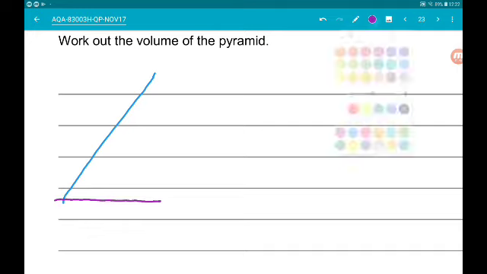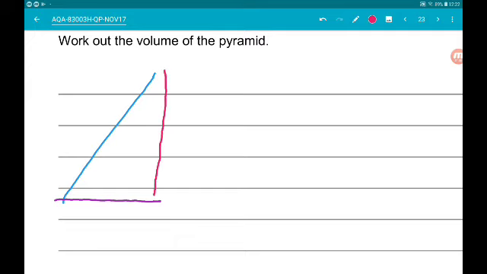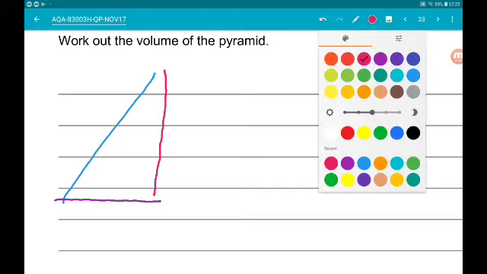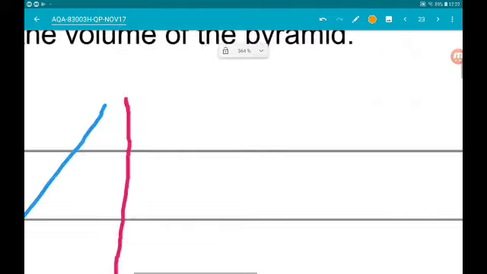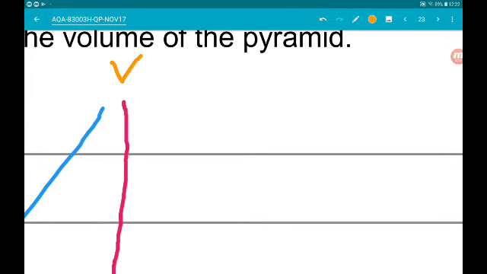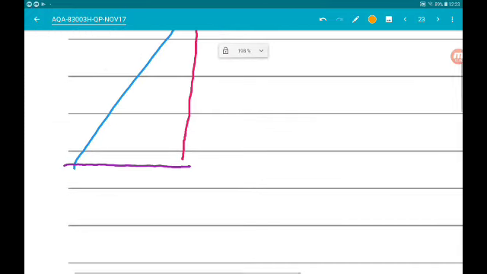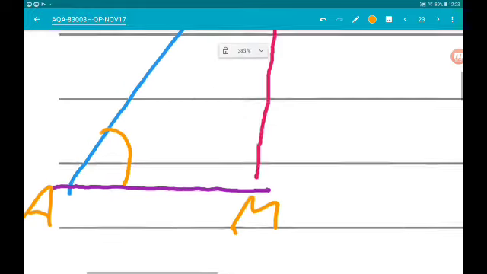So what we need to find here is the height of the pyramid, which is the height of this triangle. So we got V up here, M down here, and A here. Now we know this angle here is 68 degrees.